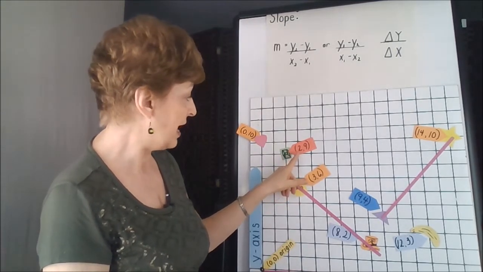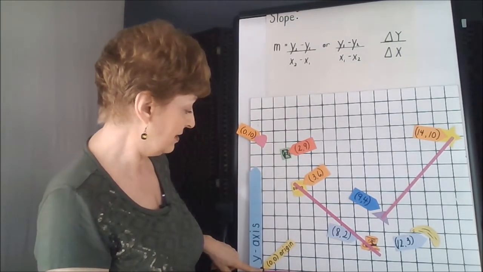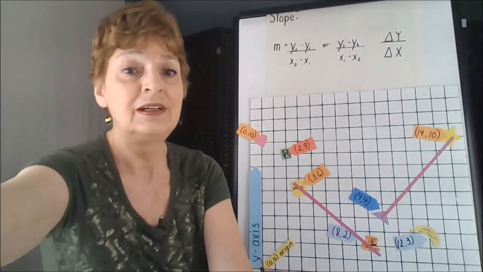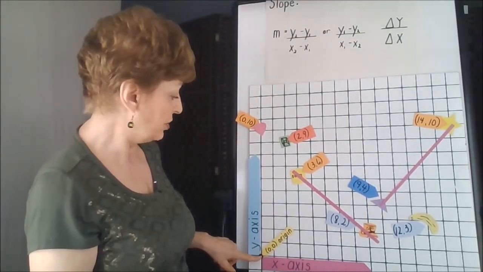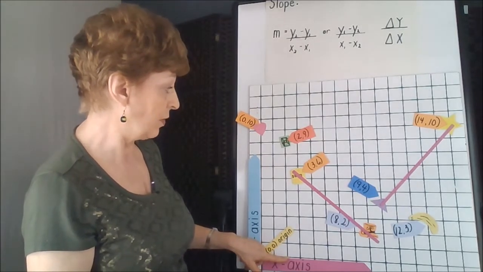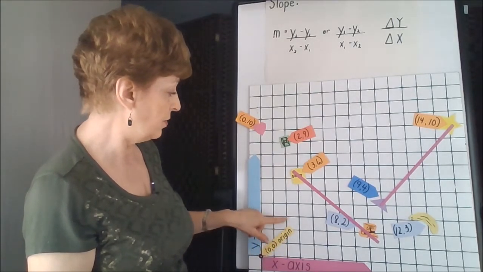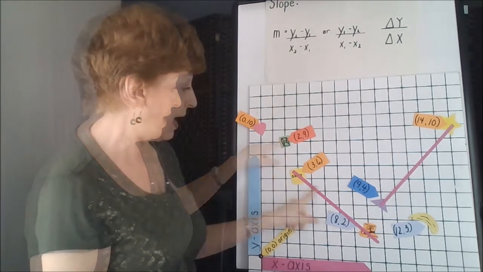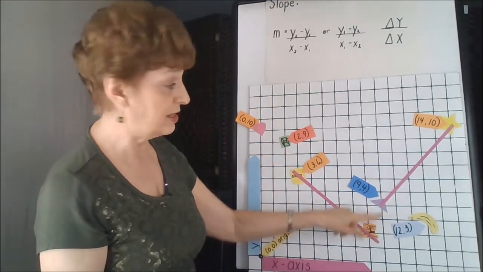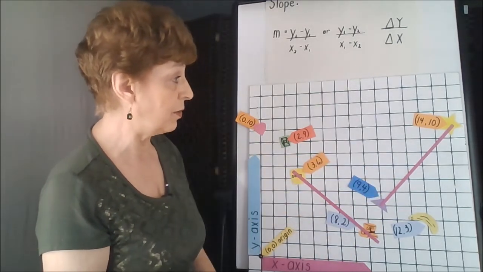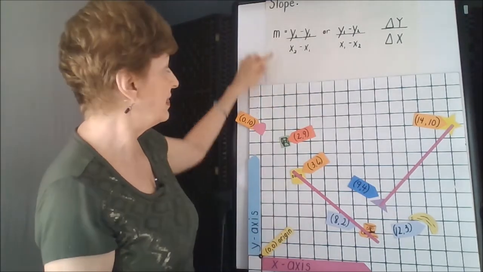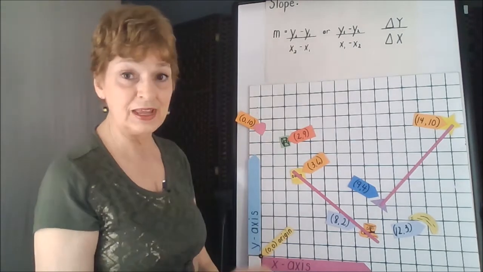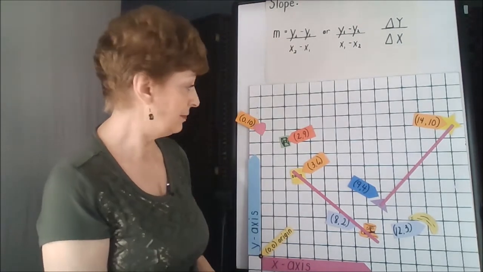The cube is at 2, 2, 9, so starting here at the origin, we counted over 2, 1, 2, and then on the y-axis up 9, 1, 2, 3, 4, 5, 6, 7, 8, 9. We actually added the lines to these because I'd like to show you how you can use this formula in order to find the slope value of the slope formula.